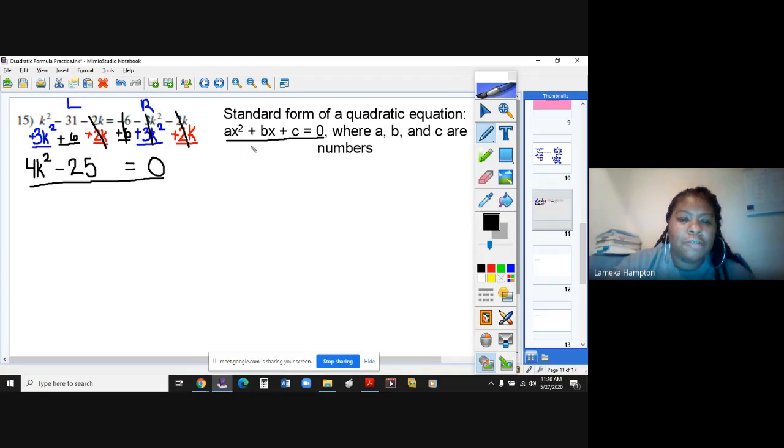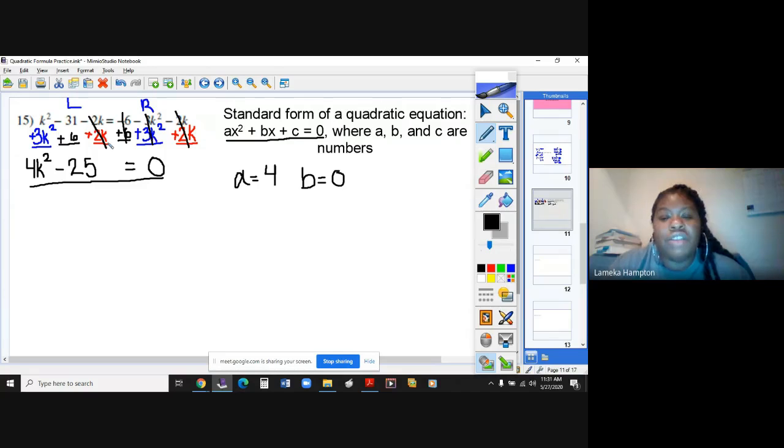Okay, so now A, the number that is represented by A, would be 4. B, I am going to go ahead and put 0. The reason why I'm using 0 as a placeholder for this one is technically because it would be 0, because I have a negative 2K plus 2K and it gave me 0.